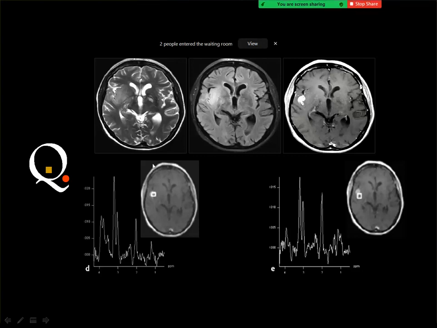Okay, and here you see that part of the lesion is enhancing, and the MR spectroscopy showed significant elevation of the choline peak with the depression of the N-acetyl aspartate peak, denoting that this is a neoplastic process.